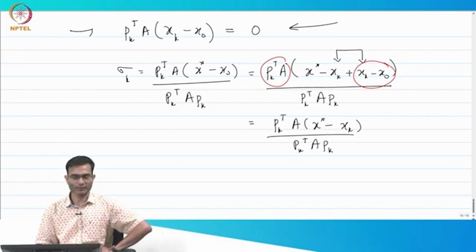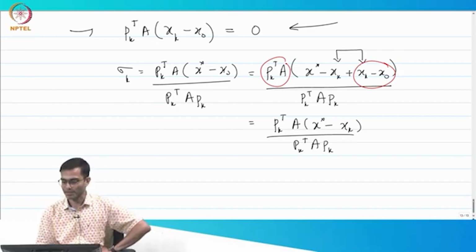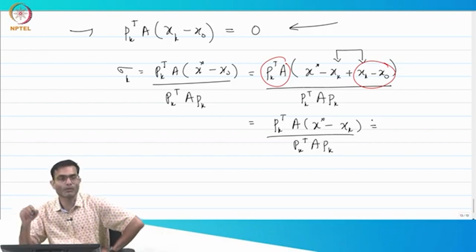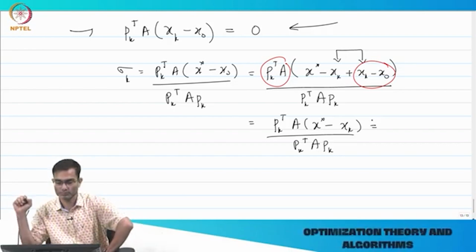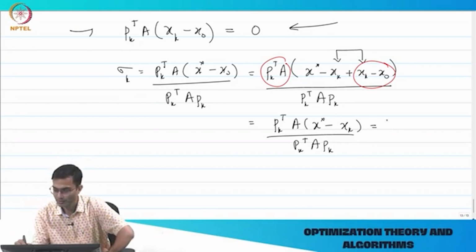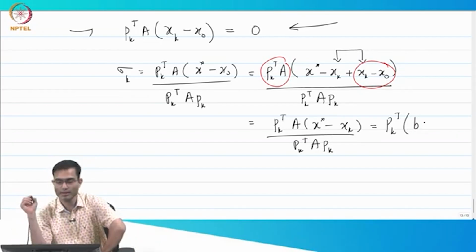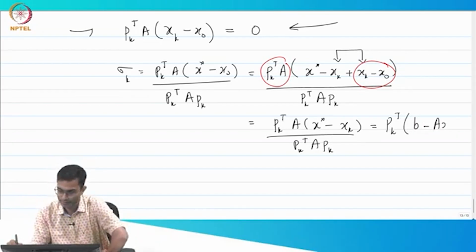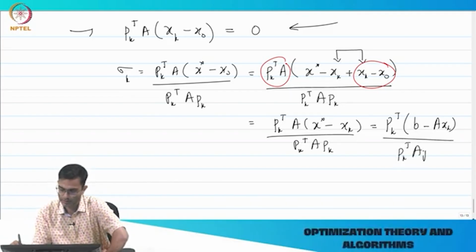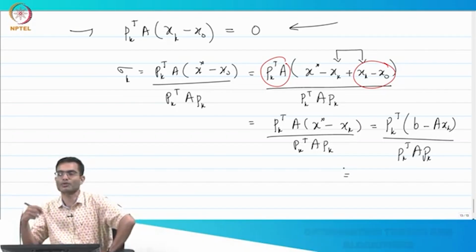Fine. Looks tedious, we are going on and on, but this is actually the final step, because what is A times x star? B, right? So I can write this as Pk transpose B. What is A times xk? I'll leave it like this, over Pk transpose A Pk. Is this B minus Ax or Ax minus B?